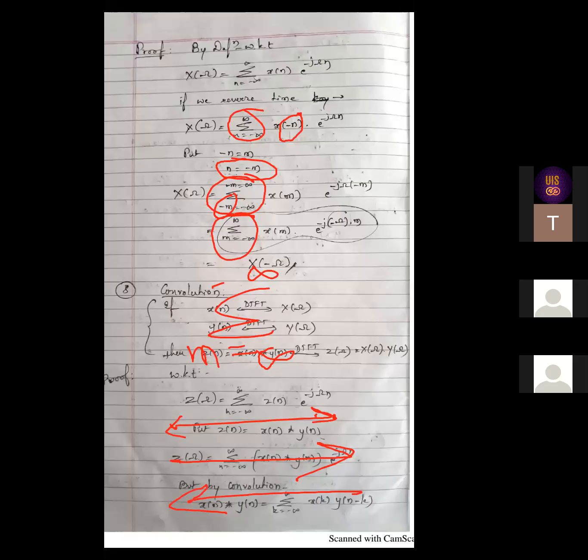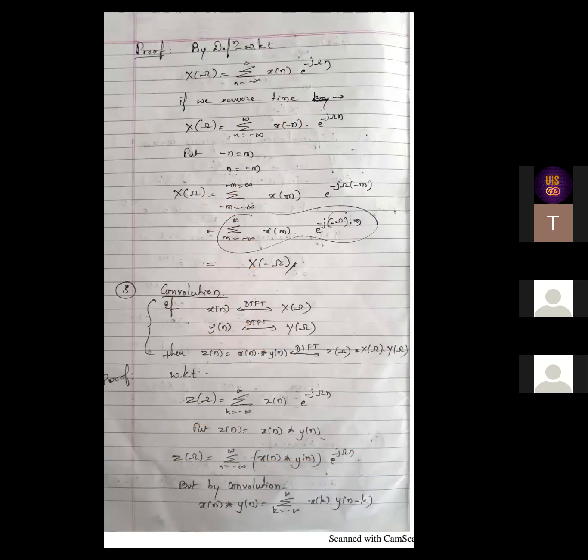If you just add the points either from left to right or right to left, it doesn't matter, you are adding it all together. Hence, even if we exchange the lower and upper range, it doesn't matter. That's why the summation remains minus to plus infinity, and this is your x of m.